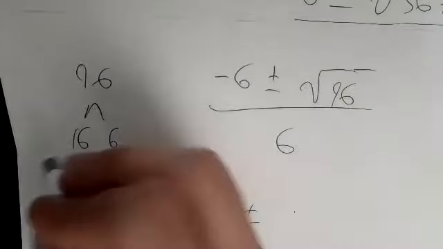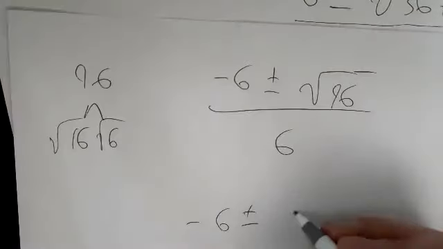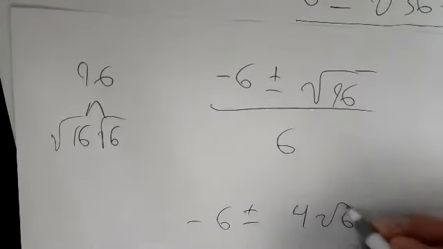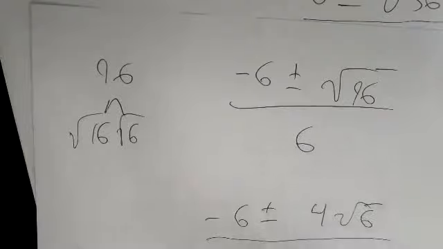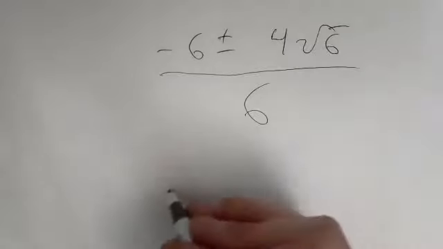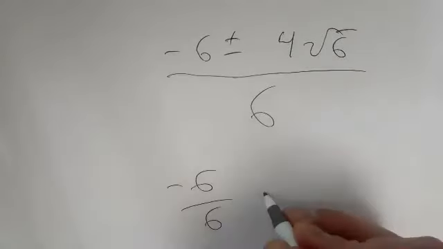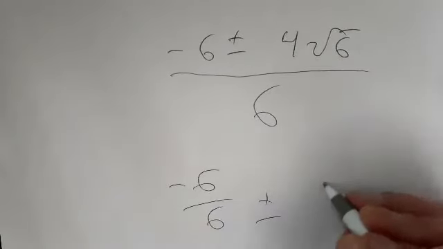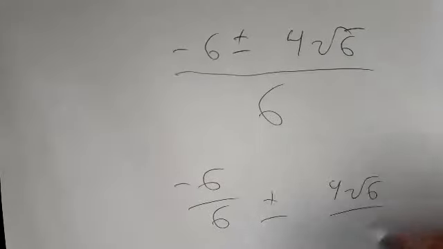And so we do root 16, root 6. That's going to be 4 radical 6 all over 6. So we got a similar sort of problem here. We're doing -6 over 6 plus or minus 4 root 6 over 6.